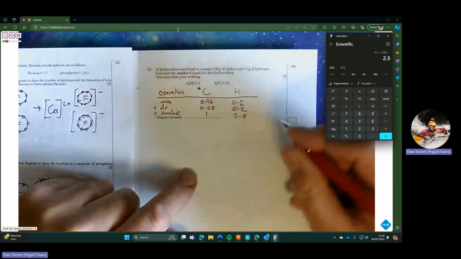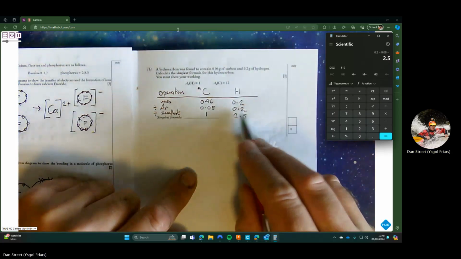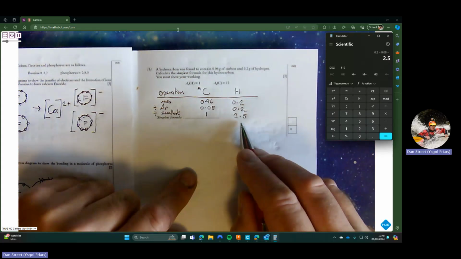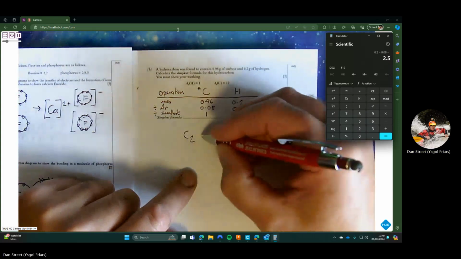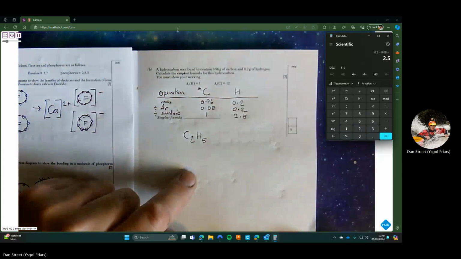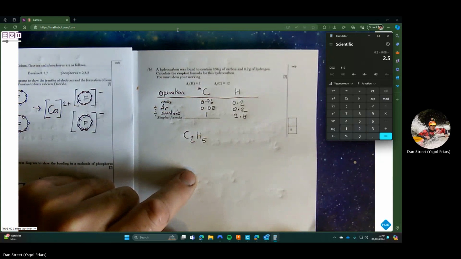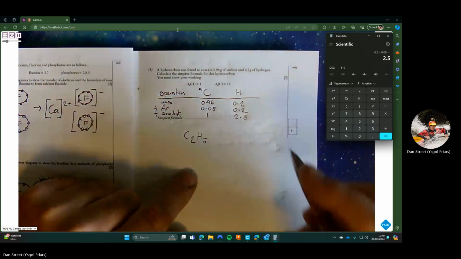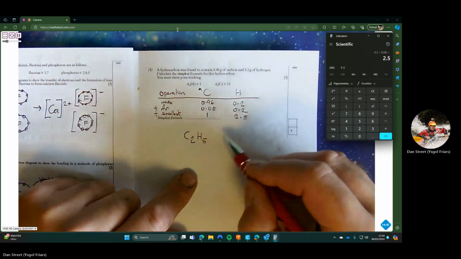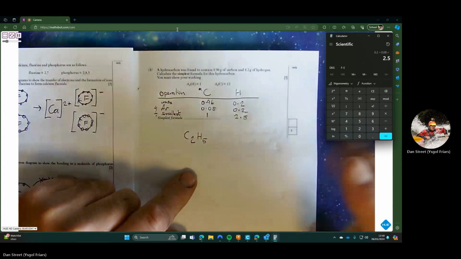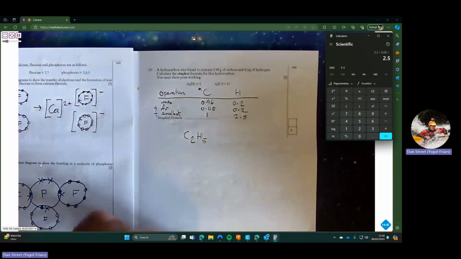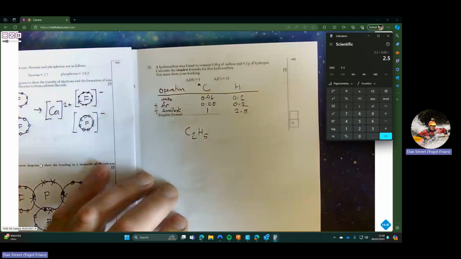You can't have 2.5 atoms, okay, so we'll need to double both of these, so we get C2H5, which is interesting. C2H5. Okay, so that's the end of that then.